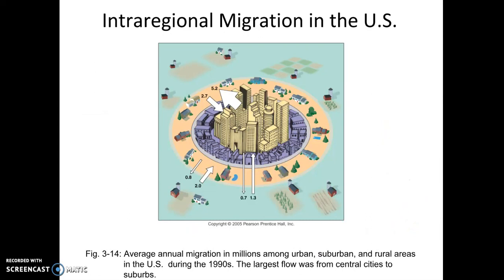Intra-regional migration within the United States: the vast majority of people are moving from the urban to the suburban areas around cities. Urban is where young people want to live, young professionals, people looking for more action around a city, and then people move from the cities to suburban areas like Winter Park when they have families and are looking for bigger land, bigger houses, more established neighborhoods and safer school systems.